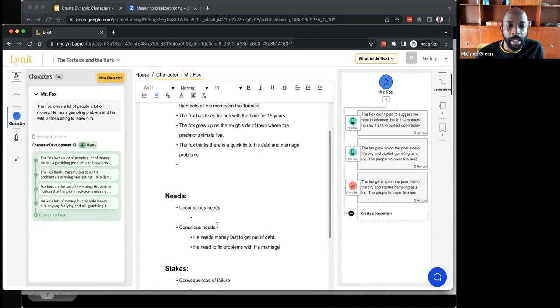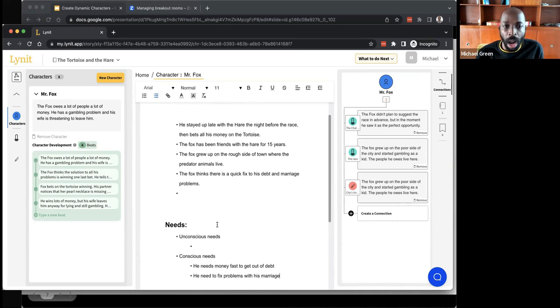Now his unconscious needs. It's mentioned in the summary that he has a gambling problem, and for this character we can make up what that gambling problem comes from. He believes there's a quick fix to his problems, and that gambling is a symptom of that: he's gambling because he thinks he can quickly get out of his problems.